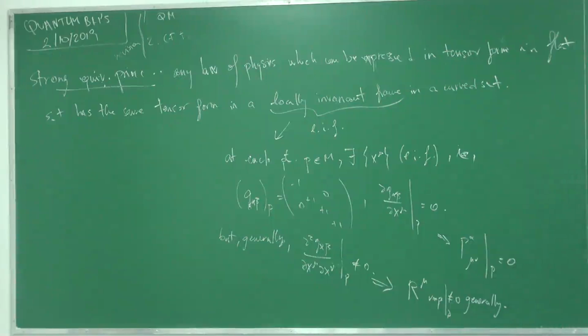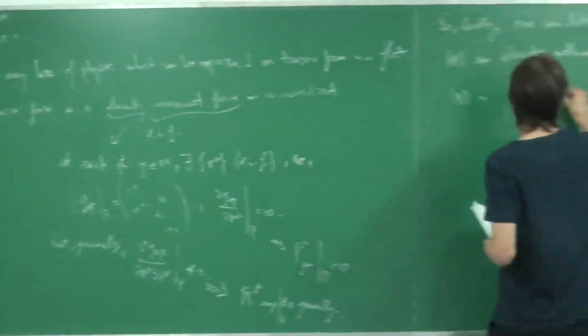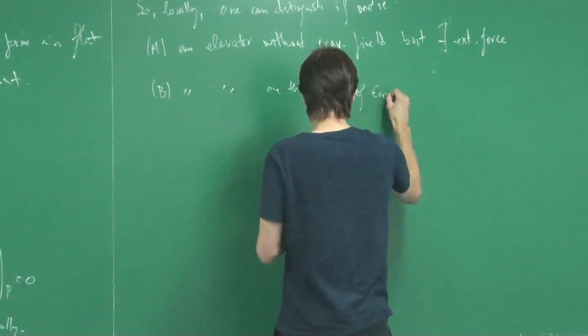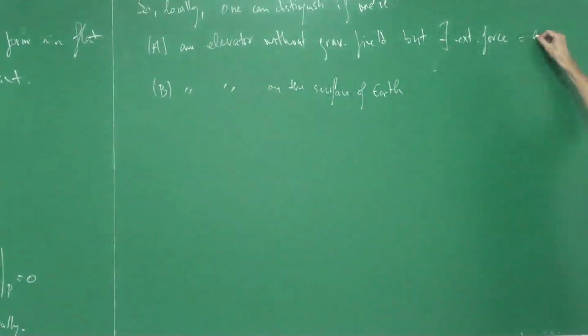if we are in two different situations. This is the typical example of Einstein's elevator: without a gravitational field, by which I mean in flat space-time, being pulled by an external force, or an elevator on the surface of Earth, with acceleration g.